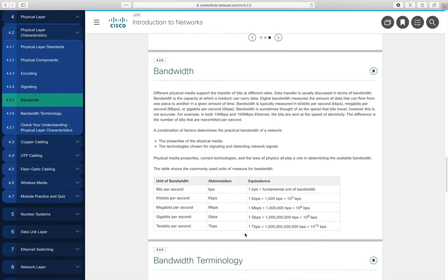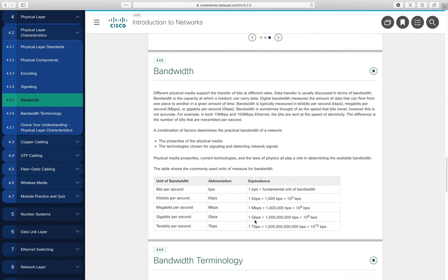One term or concept that we need to be familiar with is bandwidth, and there are several things related to that. Basically, bandwidth is how much data you can move across the network, and these days it's typically measured in megabits per second. The first thing to point out in this table is that everywhere we have a lowercase b, lowercase b means bits. If we have GB, where B is a capital B, then we would be talking about gigabytes.